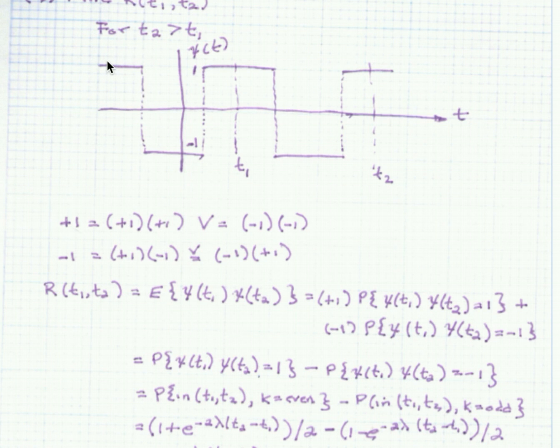Okay, continuing with problem 2, homework assignment 8, section C, we are charged to find the correlation of X of t1 and X of t2, as we can observe from the railroad telegraph diagram.